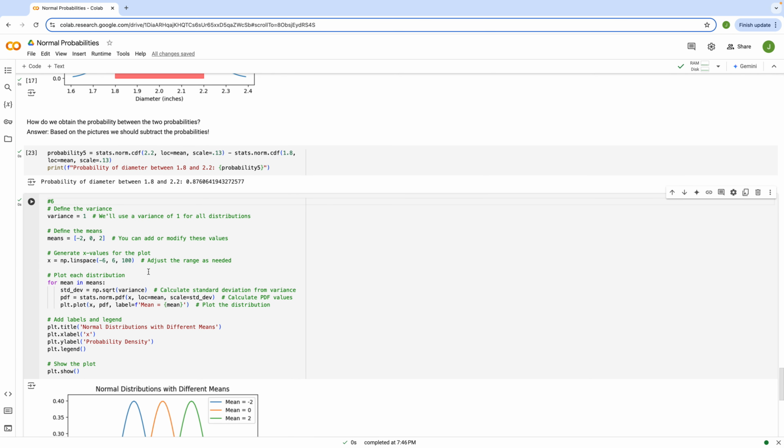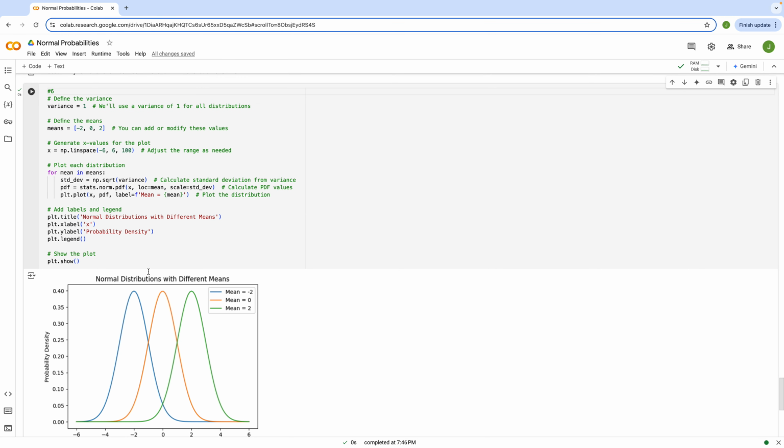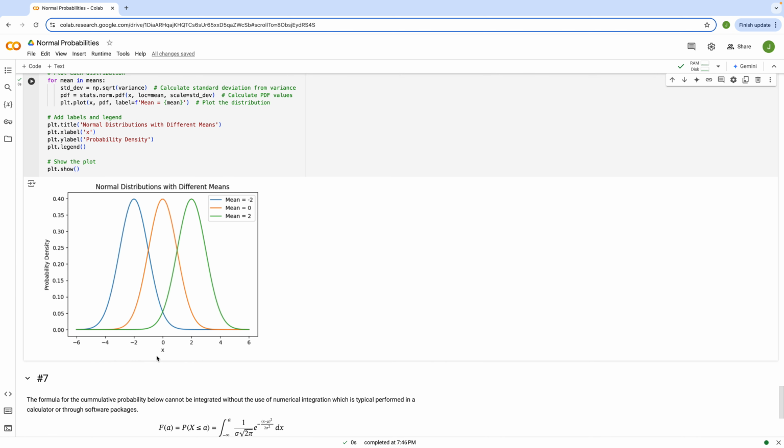So a couple of other things I just want to talk about is what happens if I change the means. So here, for all of these graphs, the variance is 1, and I've changed the mean to be -2 for the blue, 0 for this orange, and +2 for the green. And what you should notice is that the peak of this distribution corresponds to the mean value.